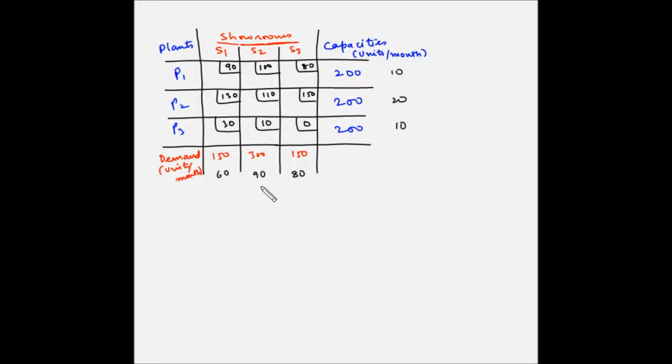Now the next step is to allocate the maximum number of units to the square with the minimum cost in the selected row or column. So we have to select the square with the minimum cost, which is P3S2. Now since we are solving this example as a minimization objective now, we are trying to allocate the maximum to the square with the lowest cost.